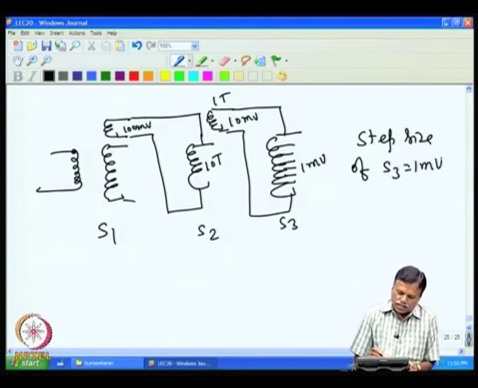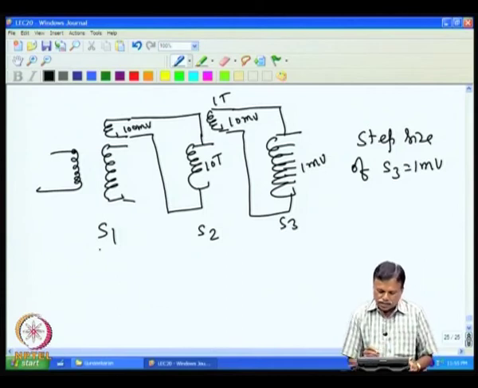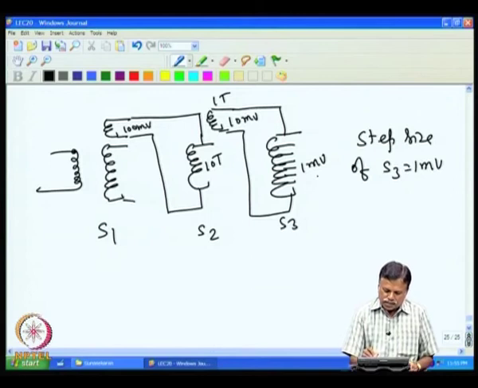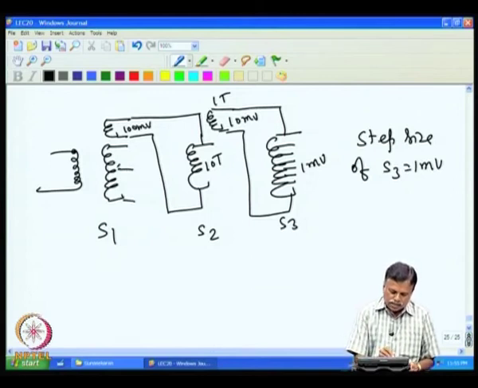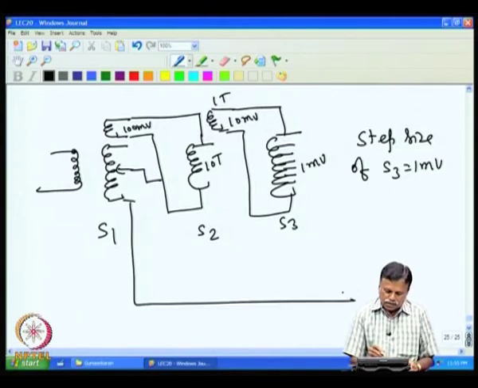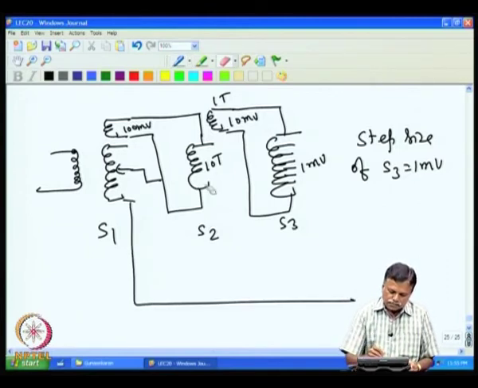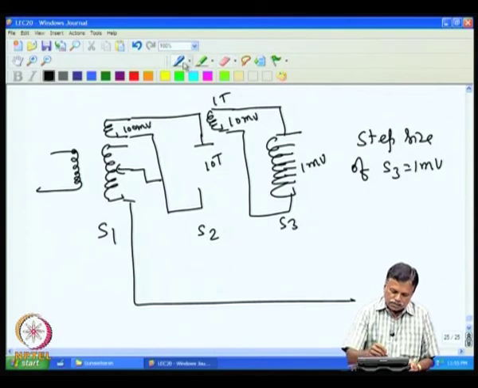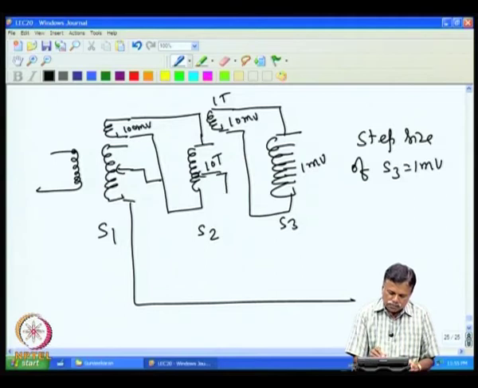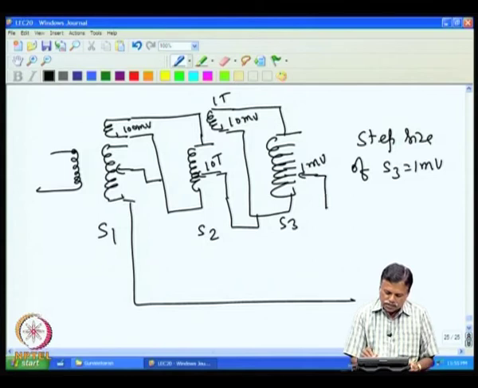Now we can connect the entire transformer together, and it looks like this. I can use the tap, this can be connected to this and will come as output. This has its own secondary tap that can be connected to this, and the final one comes like this.